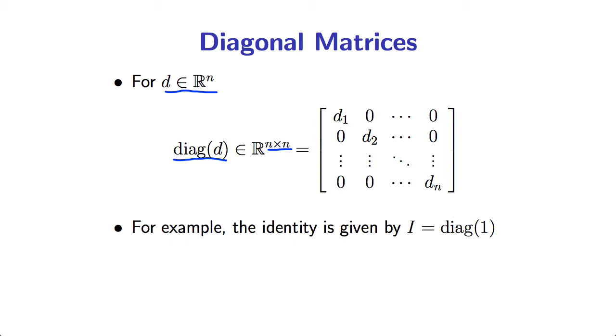So for example, one way to use this would be to define, using our definitions from before, the identity, remember, was a matrix that had 1s on the diagonal. So we could also define that as being equal to diag of 1, where 1 is the all 1s vector.